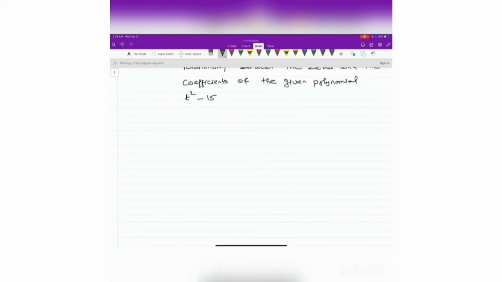Then the last very important step, you have to write your answer.